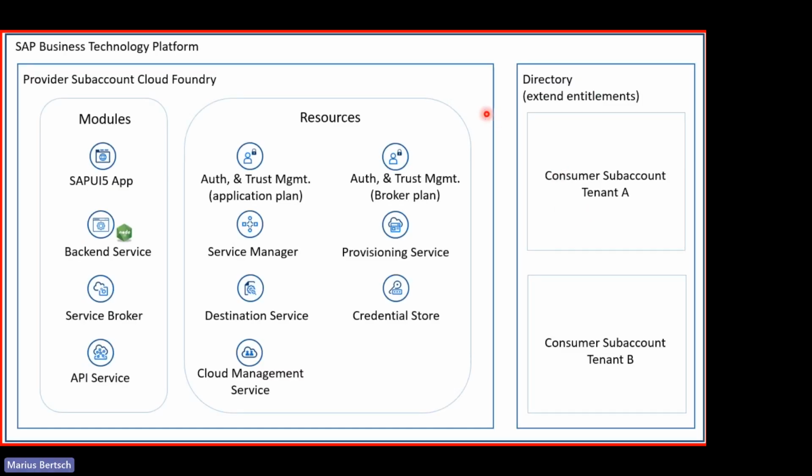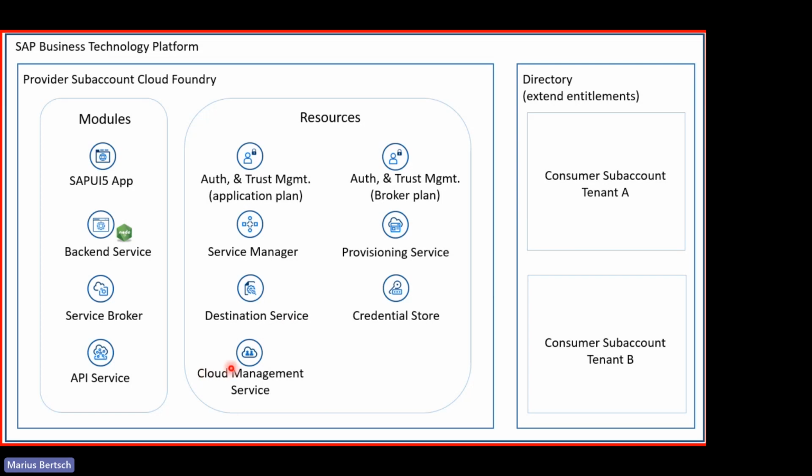At the beginning, I give you an overview of the BTP with the various sub-accounts and modules and resources which we need for the multi-tenancy application. Here on the BTP, we have one provider sub-account where the multi-tenancy application and the admin app where we automate the onboarding process are hosted, and we have several consumer sub-accounts which are directly created in a directory because we want them to inherit the cloud management service entitlement.